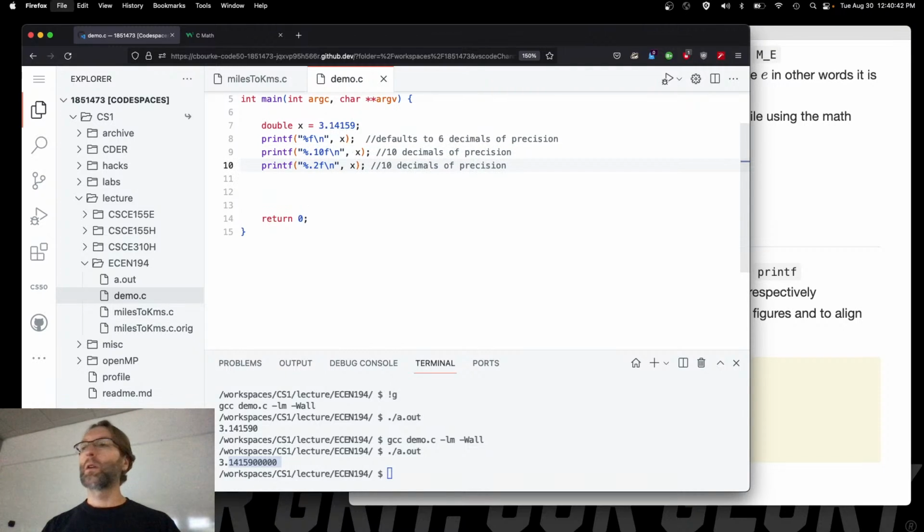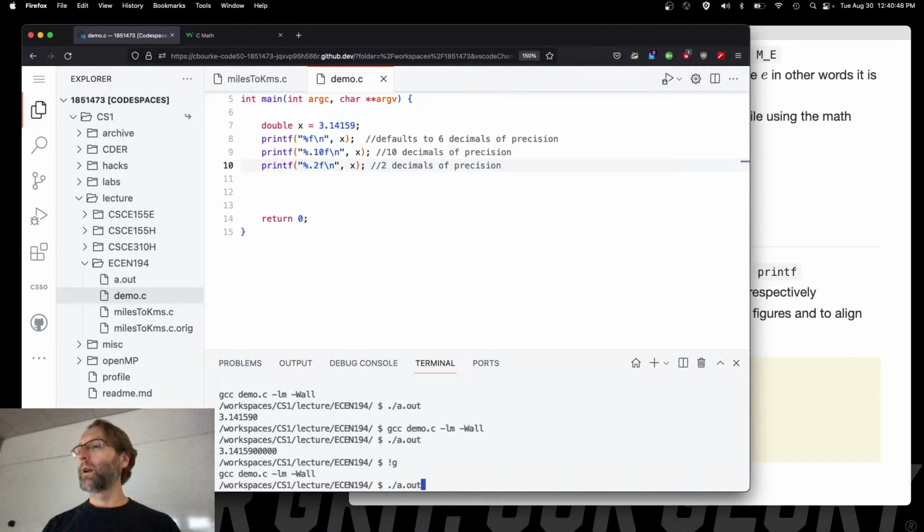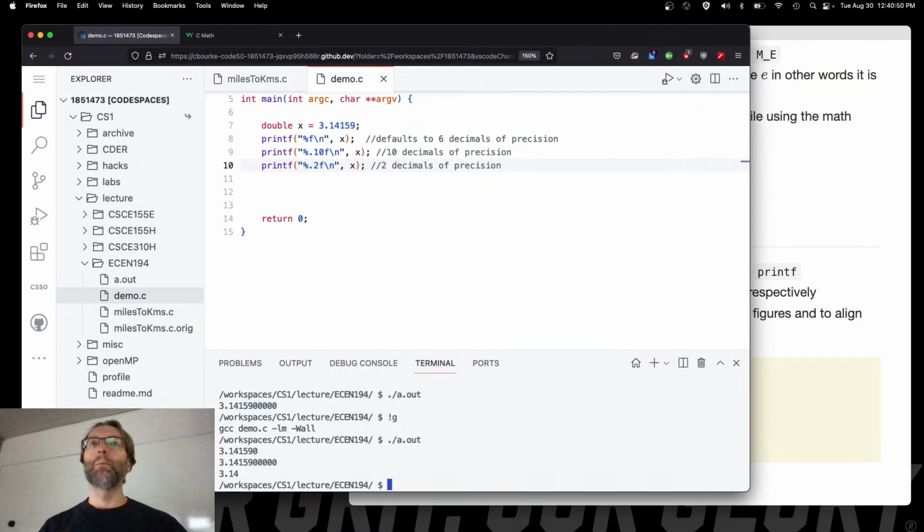Go ahead. 2 decimals of precision. And it's only 3.14. Let's go one more example. 3 decimals of precision. Predict what this is going to print out. 3.14 what?